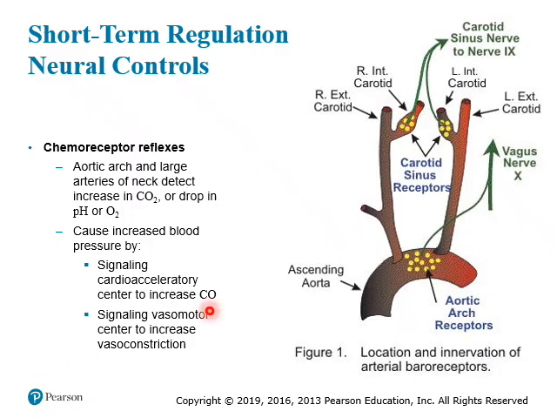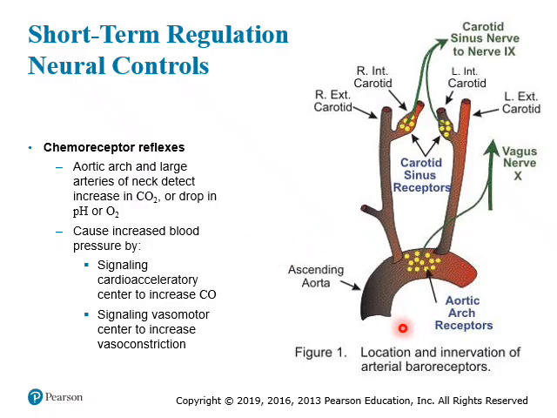So now let's take a look at the neural controls, the short-term regulation neural controls of the blood pressure. You have chemoreceptor reflexes. The aortic arch, you can see the aortic arch right here, and large arteries of the neck have chemoreceptors, and they are the ones that react to changes in the chemical components of the blood.